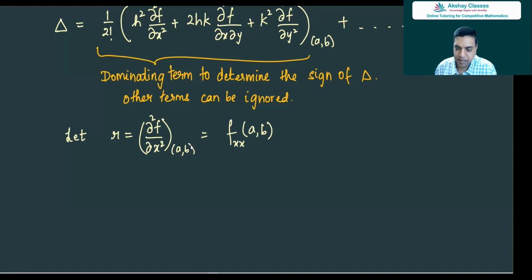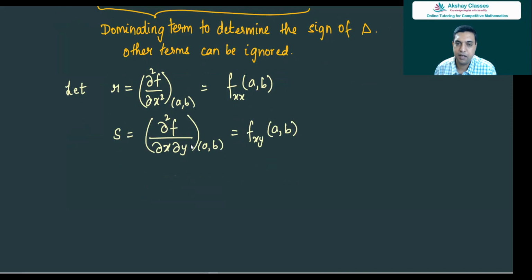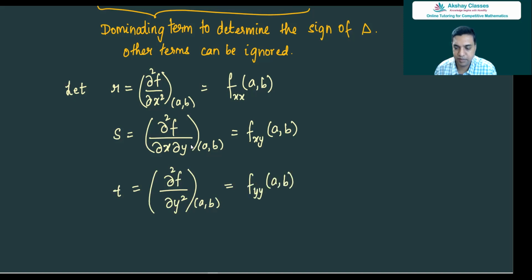Similarly, let s be dou square f by dou x dou y at a comma b, f subscript xy at a comma b, and t be dou square f by dou y square at a comma b, f subscript yy at a comma b.